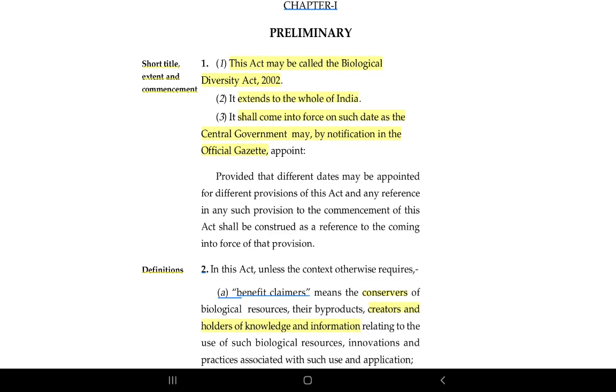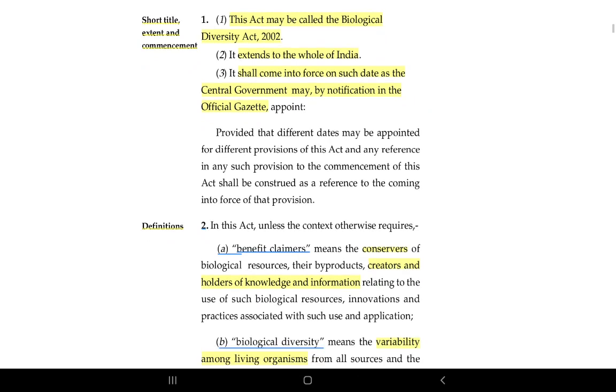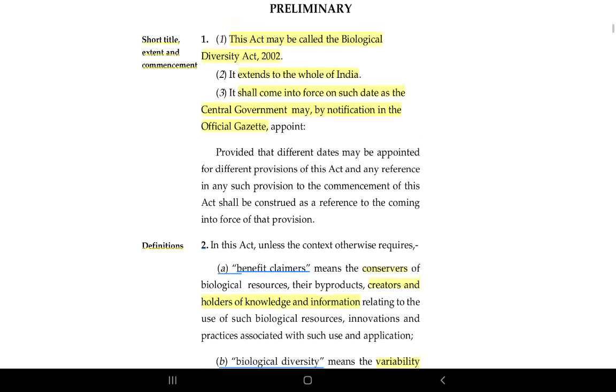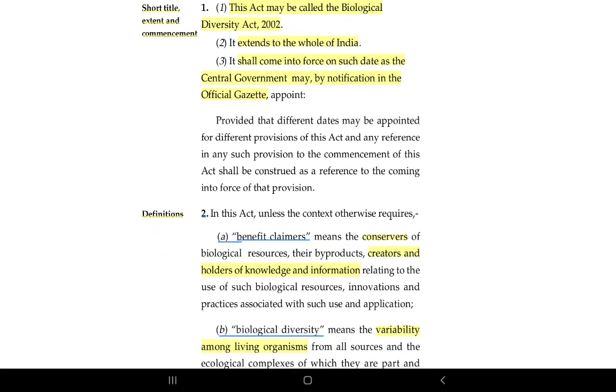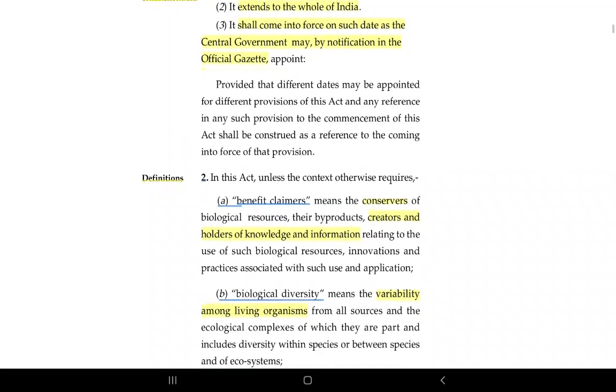So simple. Second is the extent, to what portion it will apply. They have specifically mentioned that it will extend to the whole of India. On commencement, the central government will specify through notification in the official gazette, and from that very date it will come into force. This was the first section, the short title, extent, and commencement.